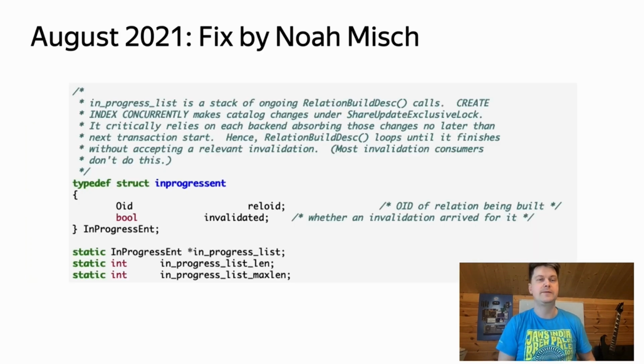Noah fixed this by creating a stack of so-called in-progress invalidations that help you to avoid this situation.